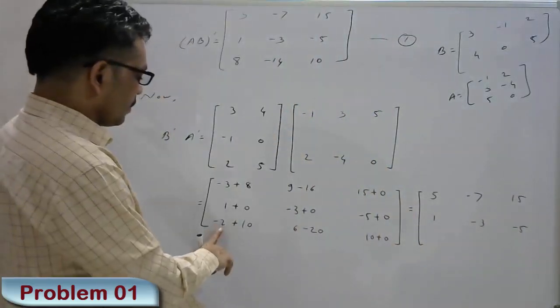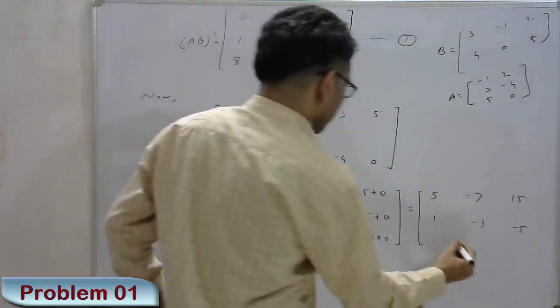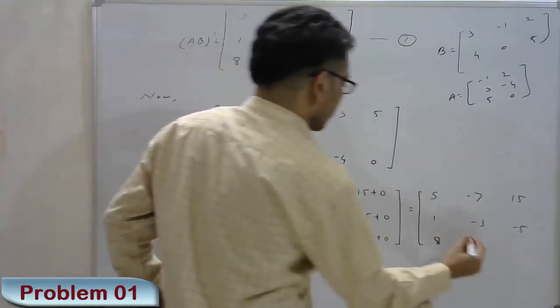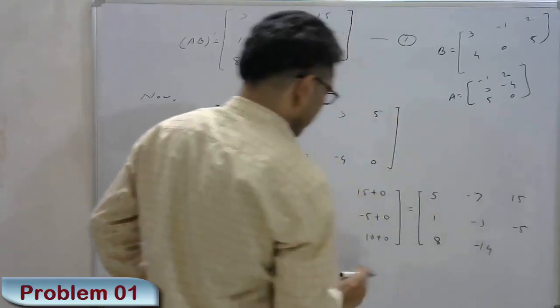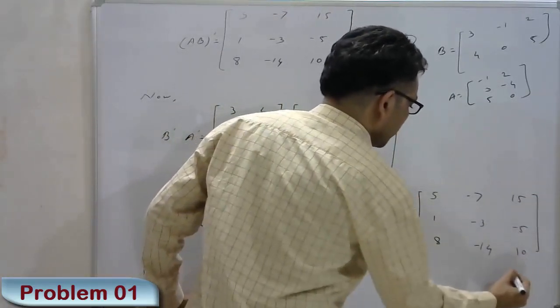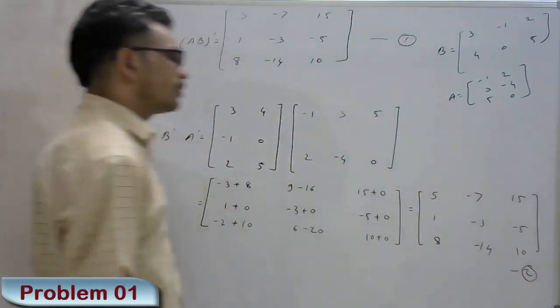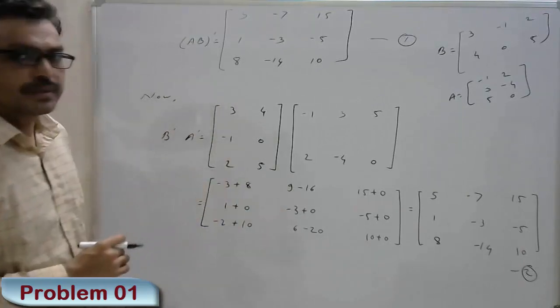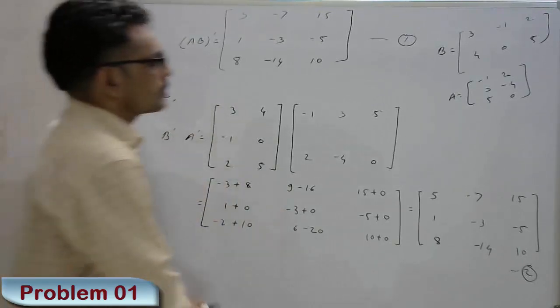Minus 2 plus 10 is 8. 6 minus 20 is minus 14. 10 plus 0 is 10. Same, equation number 2.